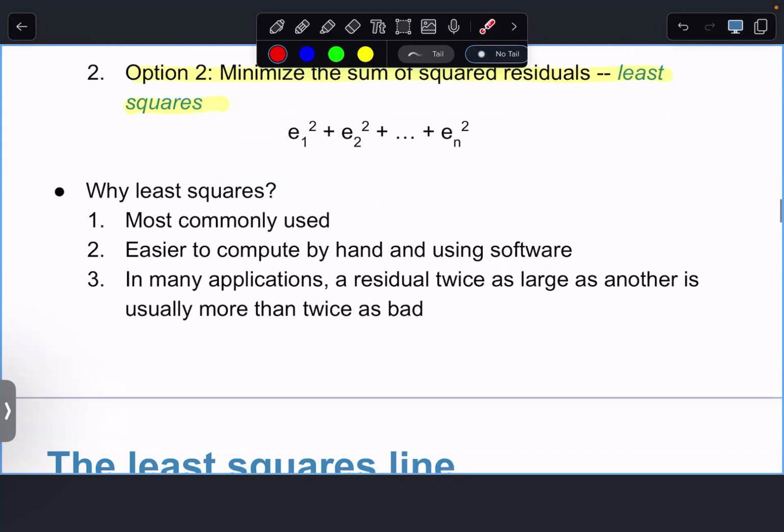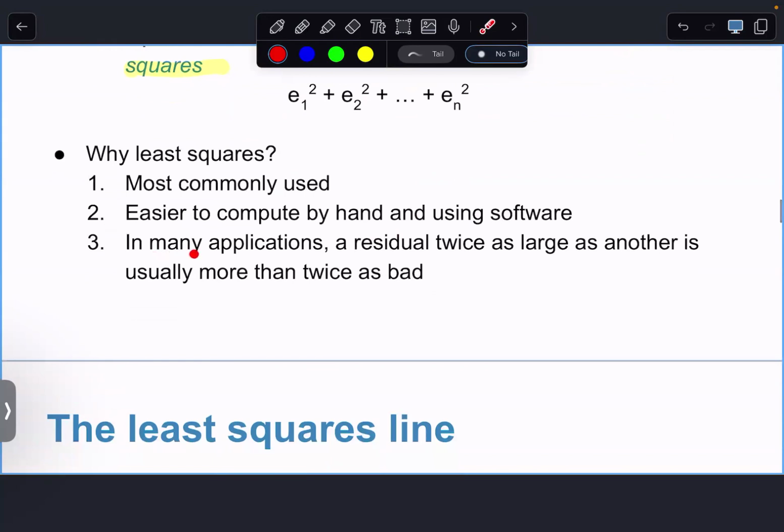But one of the key things is that most of the time, if you have a residual that's twice as large as another residual, meaning it's twice as far from the line as the others, it's usually twice as bad or more than twice as bad. So you don't want to have a one-to-one relationship.